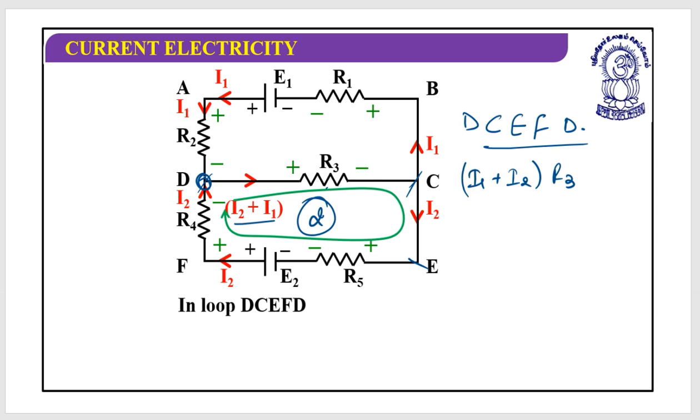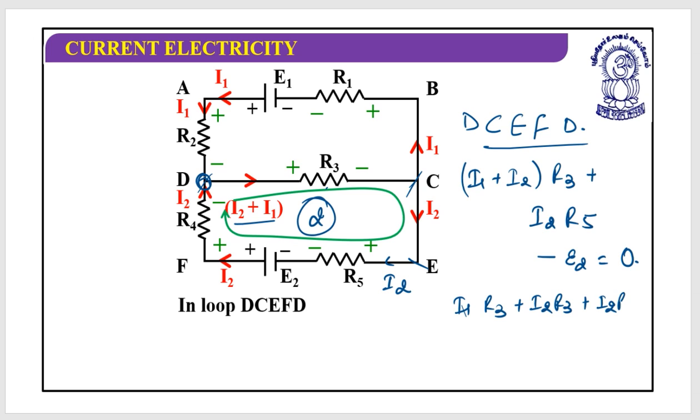Then from here to here, nothing to be written. From here it's I2 that is moving, so plus I2 into R5 minus E2, that should be equal to 0. So you are going to write I1 R3 plus I2 R3 plus I2 R5, and that should be equal to E2. This is relation number 2.